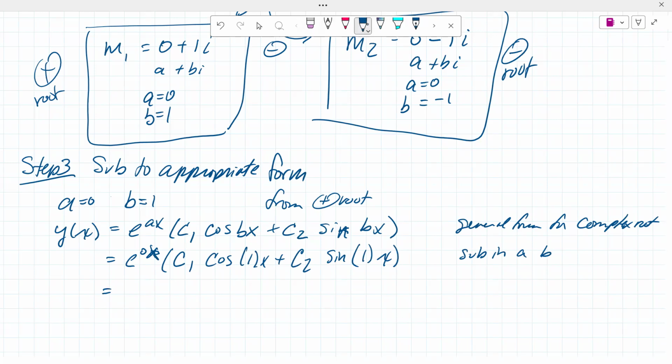So we're going to have c1 cosine x plus c2 sine of x. Let's just simplify.